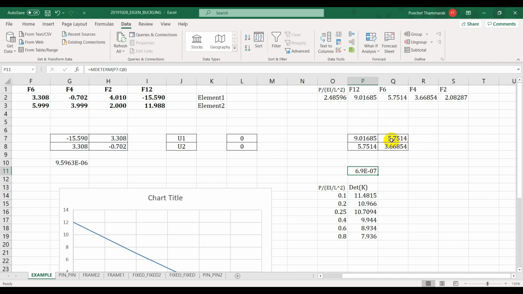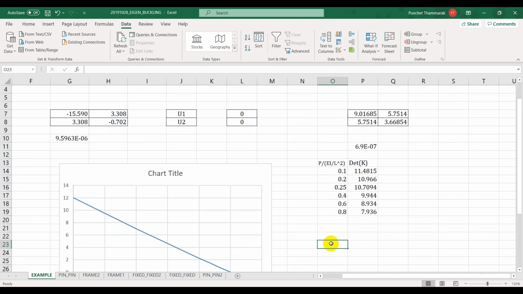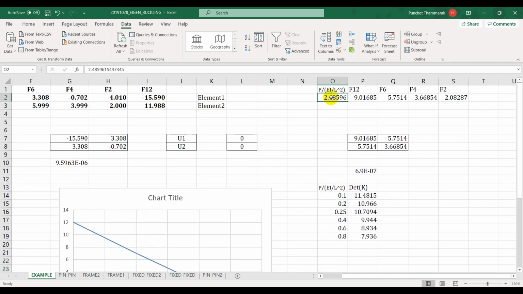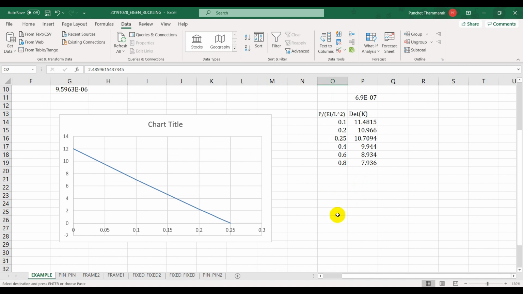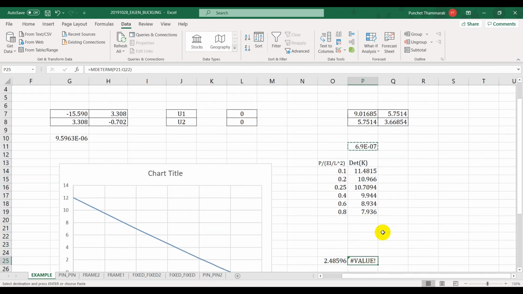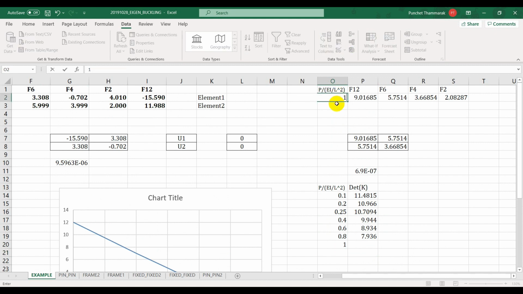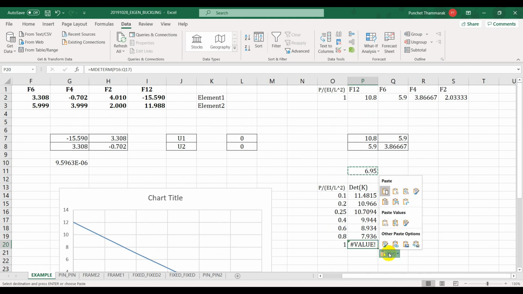About 248. Okay. This is one value. Then 1, pi square is 9 times, right?